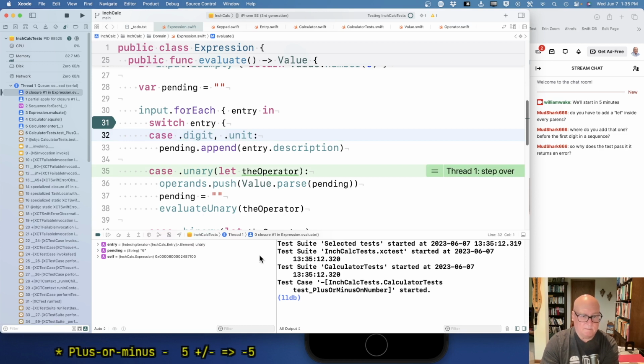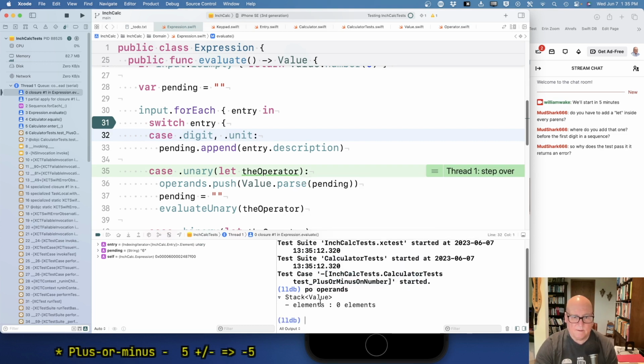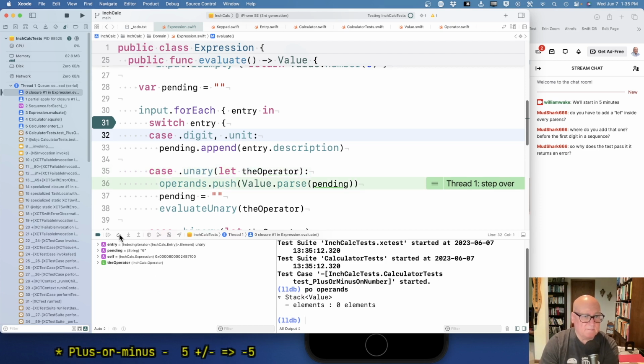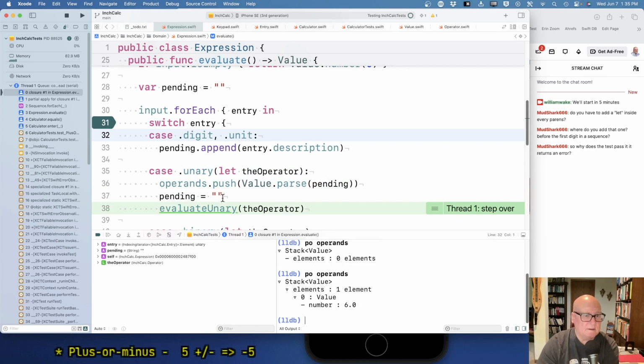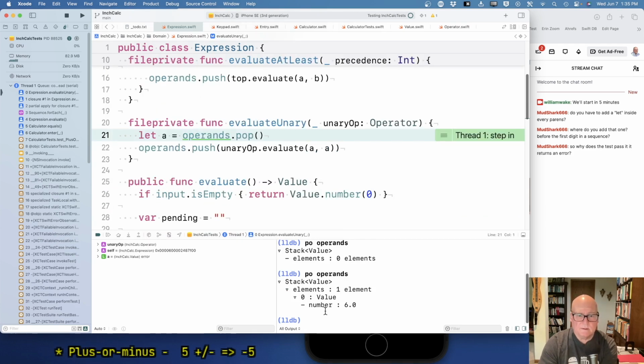All right, let's look at operands. Nothing in this stack. Okay, so we've got pending is 6. Right, we'll push the value pending. Okay, this should have that value now. All right, we'll step in. Step over.